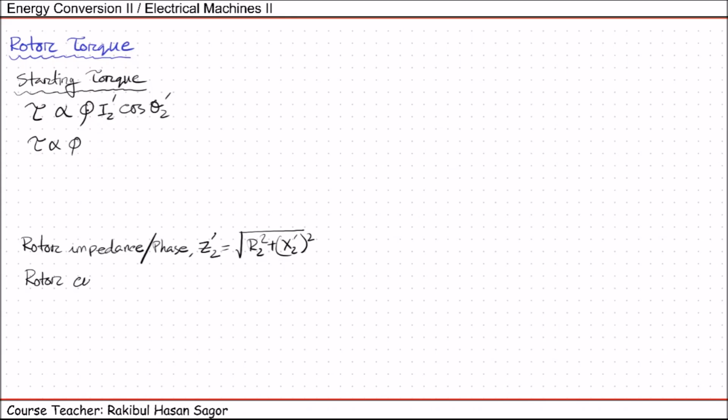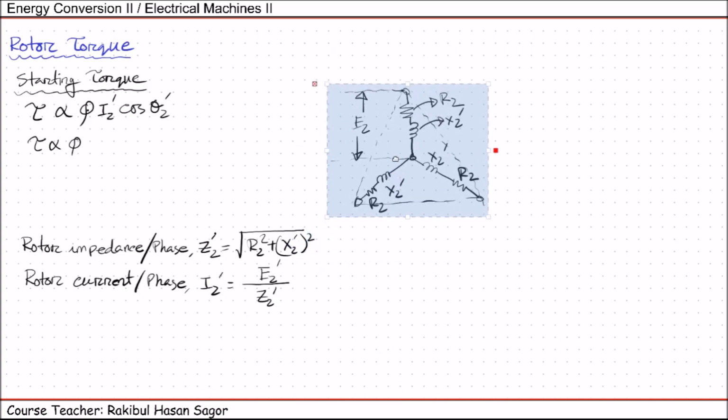Rotor current per phase will be I2 prime equal to E2 prime, that means induced EMF in the rotor side at standstill, divided by Z2 prime. How did we get this? We know from our previous slide.